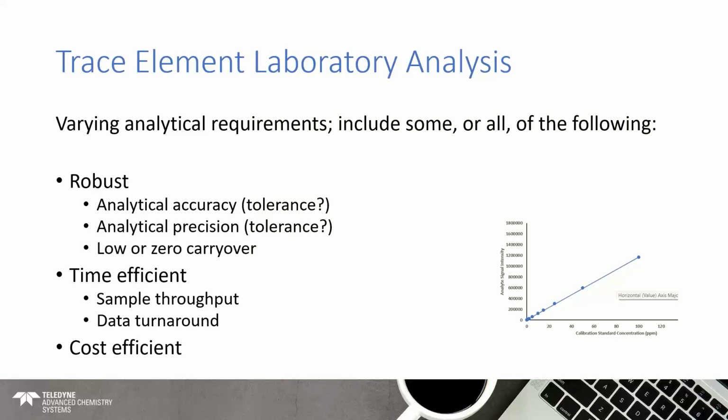So efficiency of time of analysis is a very important thing for that kind of laboratory as well. And then cost efficiencies as well. Costs are rising, and this is something that we'll get to. So trying to make sure that we get the best quality data for the cost of operating a trace element laboratory as well.